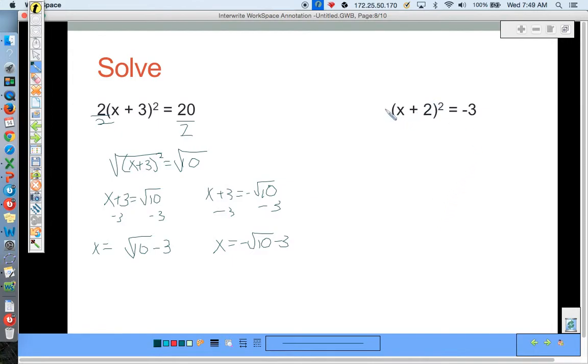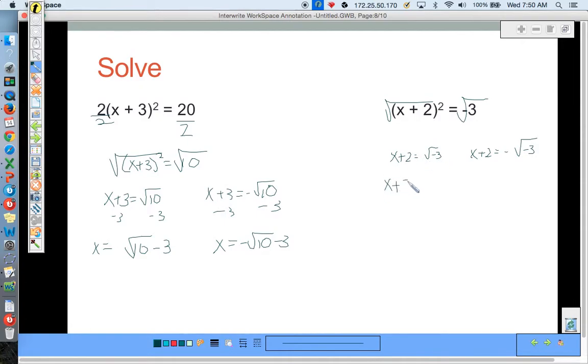Now this last one, when we take the square root of each side, some of you guys might remember, and we'll talk about this later, when we have x plus 2 equals the square root of negative 3, and x plus 2 equals negative the square root of negative 3, we pull out an i.